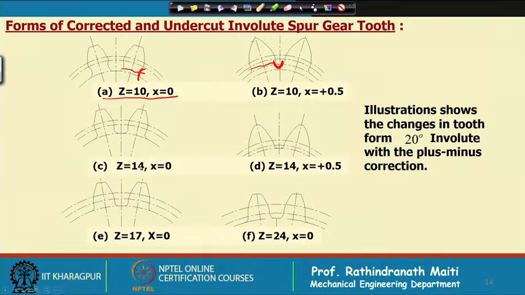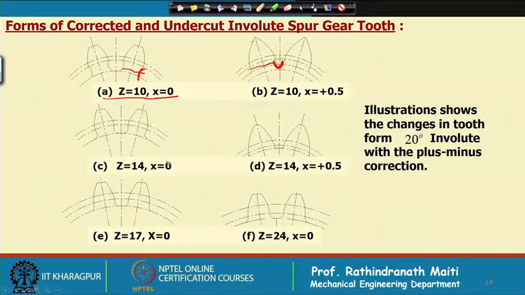Now, let us consider another set of teeth, z is equal to 14 and there is no correction. Now, apparently this tooth can be used, of course not for high speed, but for medium speed, definitely z 14, or slow speed, no correction can be used.